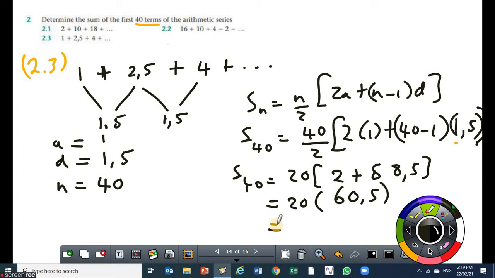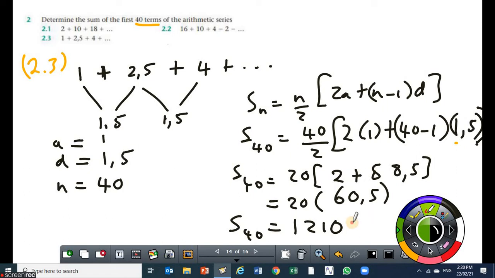If I multiply that by 10, I'm going to get 605 times 2. I'll get 1,210. Let's check that for me. What is 20 times 60,5? So this will be the sum.